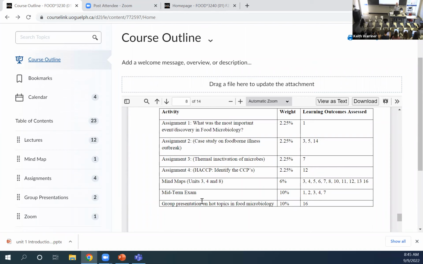So 3 is microbial growth, I think. 4 is sanitation, maybe, and 8 is sanitation. I think 4 is spoilage. Anyway, we'll work it out, won't we?